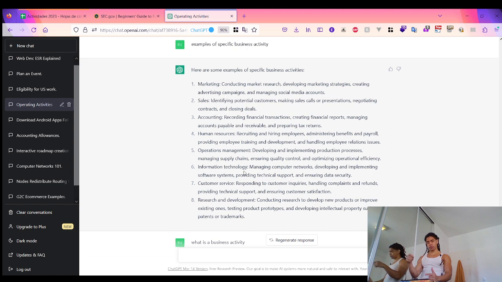And ensuring quality control, because even though you purchase a large volume of cashews, you want to know which of them can actually be used to sell. And optimizing operational efficiency.